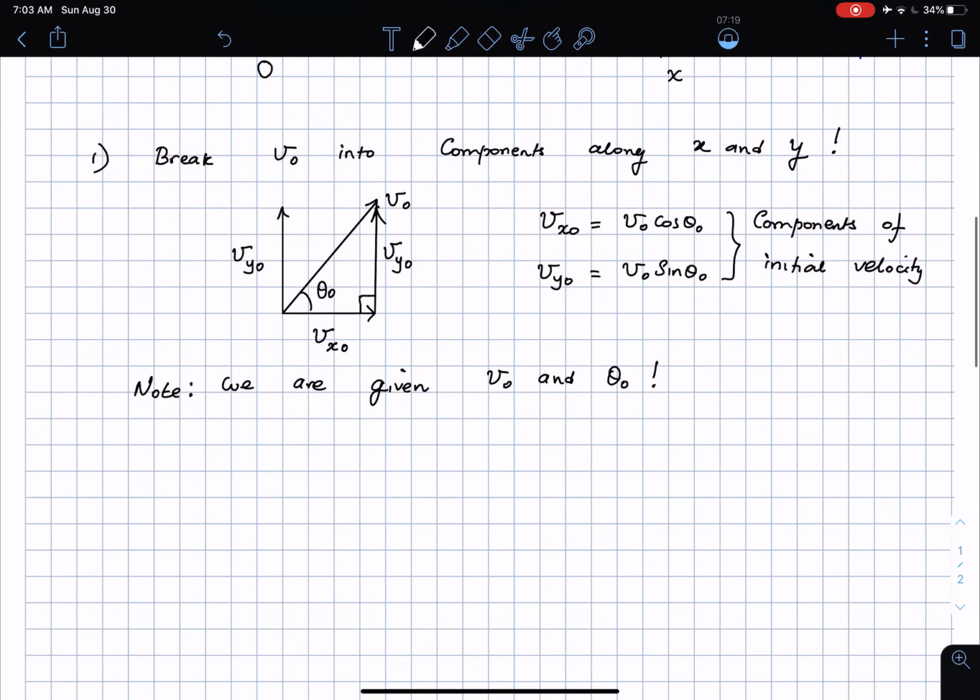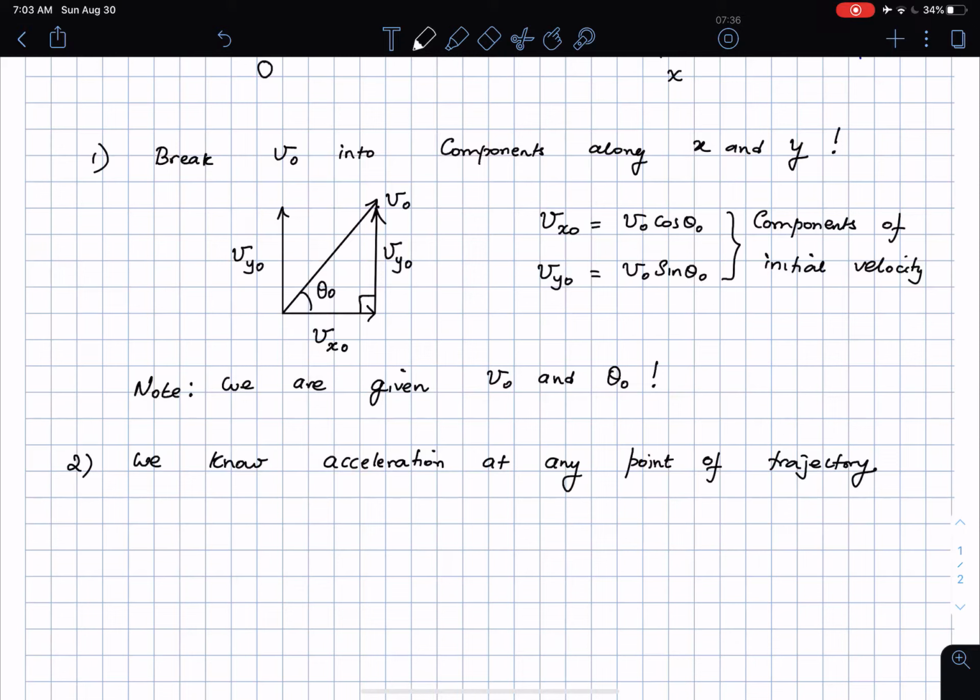So I'm going to start with the acceleration vector first of all. We know the acceleration at any point of the trajectory is always pointing vertically down.